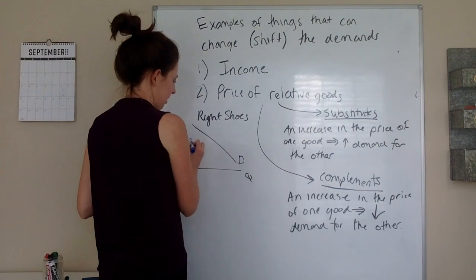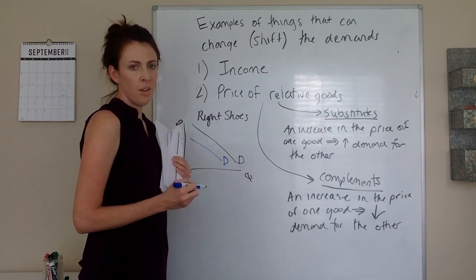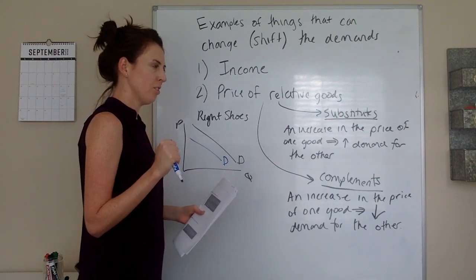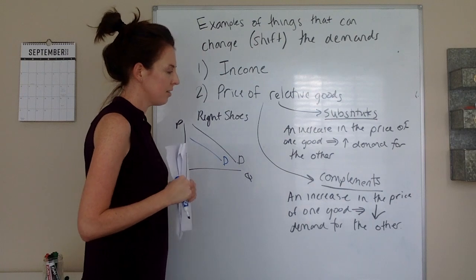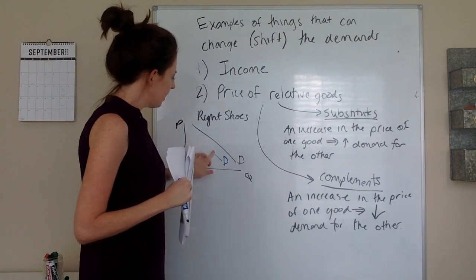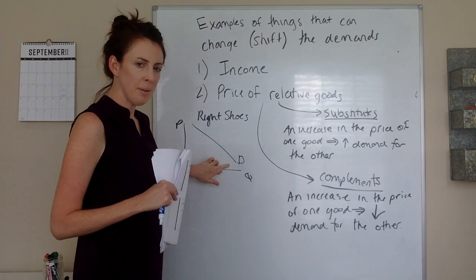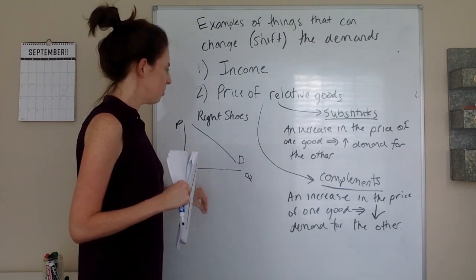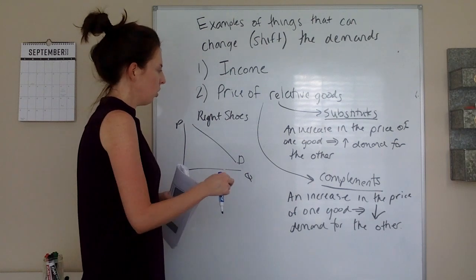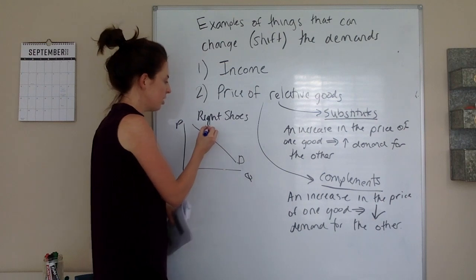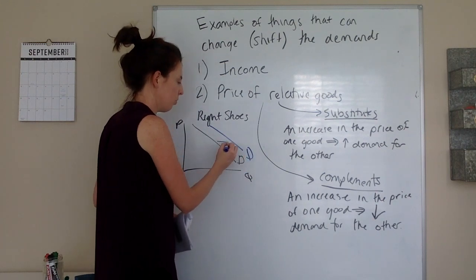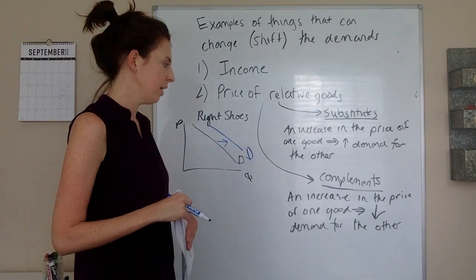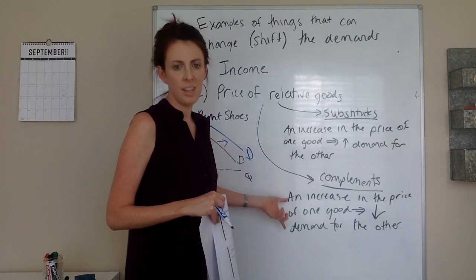Well, it's going to decrease. Okay, again, back up and think about this in reverse just so your brain can kind of wrap itself around this. If suddenly left shoes become really, really cheap, well, then what does that do to your demand for right shoes? Well, if right shoes and left shoes are complements, then you'll have an increase in your demand for right shoes if left shoes suddenly see this big price reduction.